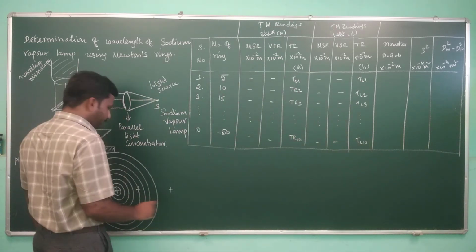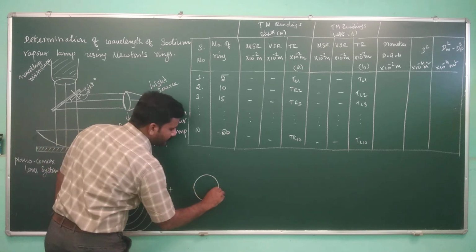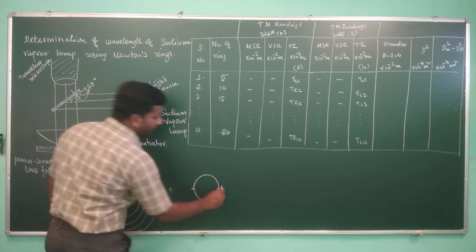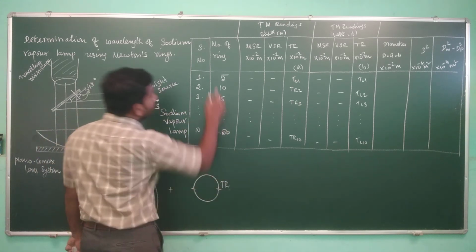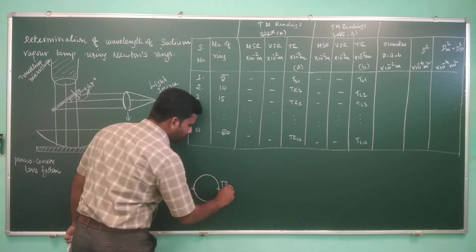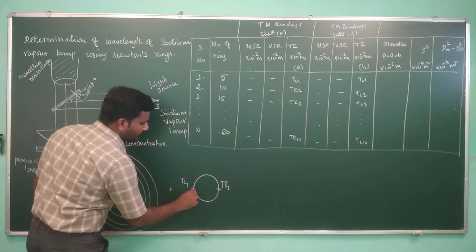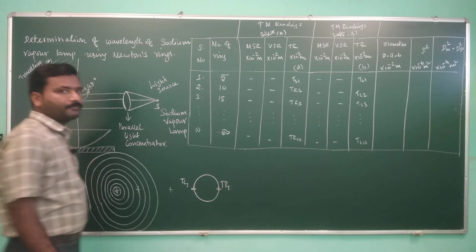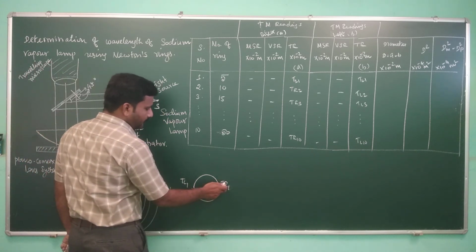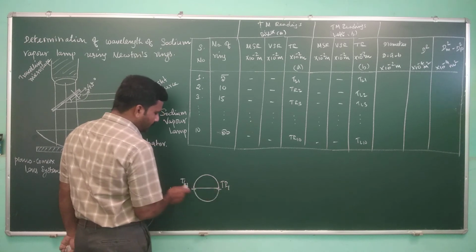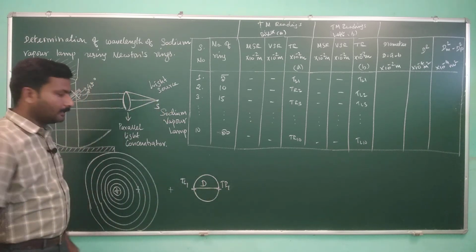So assume that this is the 5th ring. On the right side we have TR1 for the 5th ring, and on the left side TL1, the 5th ring. When you take the difference between TR1 and TL1, that is nothing but the diameter of the 5th ring.